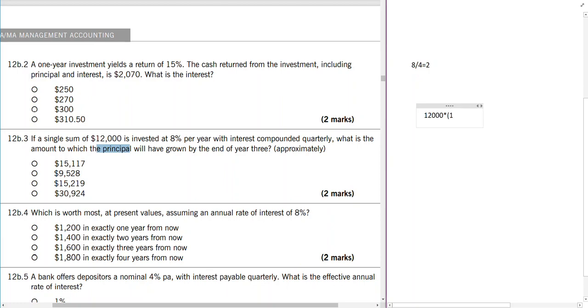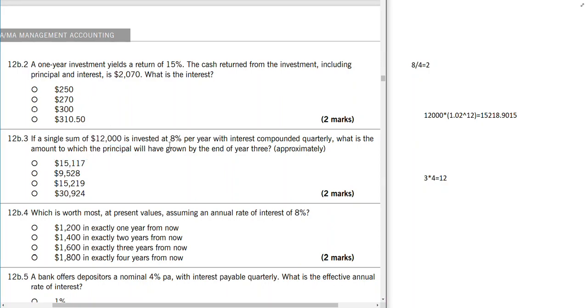So 12,000 multiplied by 1.02, and they're asking about 3 years, so 3 years multiplied by 4 quarters, 12 periods. It will be 15,217 if we round it off.